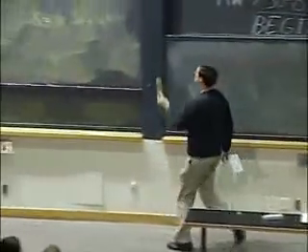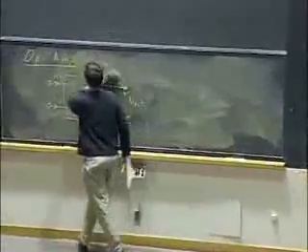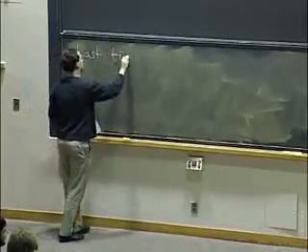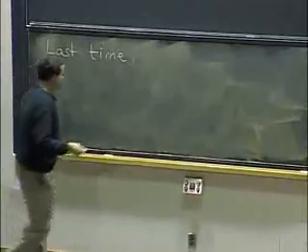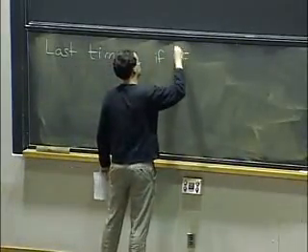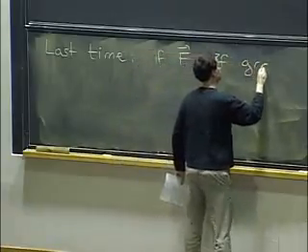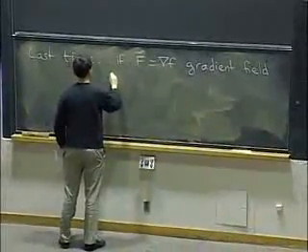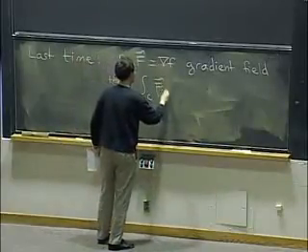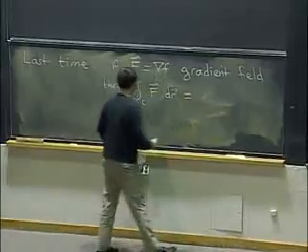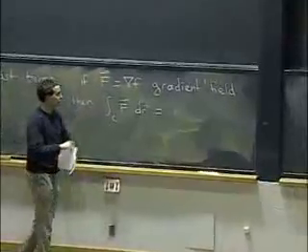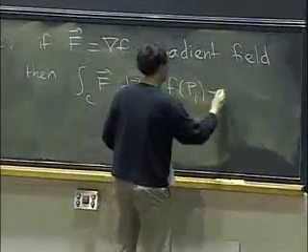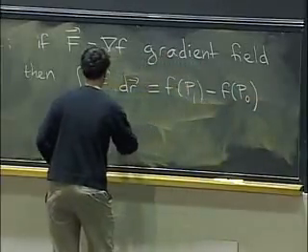Okay, so we were looking at vector fields, and last time we saw that if a vector field happens to be a gradient field, then the line integral can be computed by taking the change in value of a potential between the endpoint and the starting point of a curve.